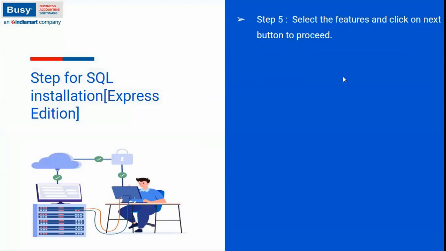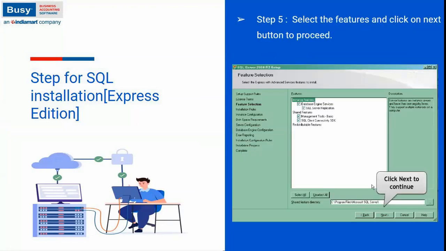Then the fifth step comes, to select the features. Here I want to point out that the screen view of the SQL Server setup file may slightly vary, because I'm showing the setup process of SQL Server 2008. In case of 2016 or 2019, you will find many more features.